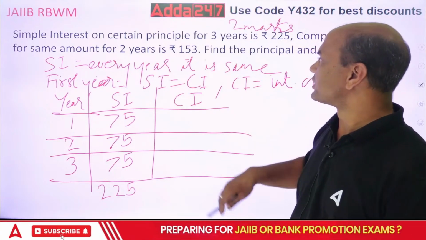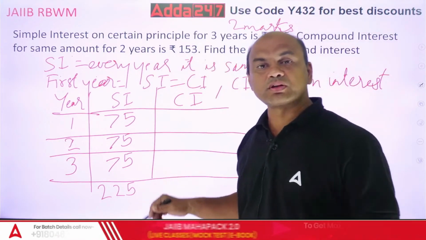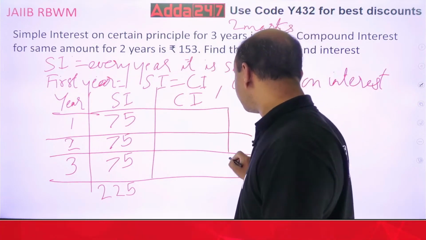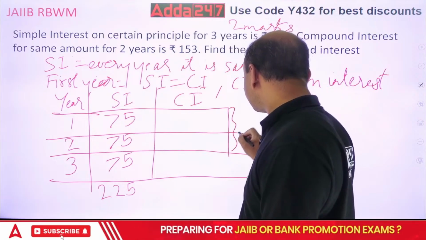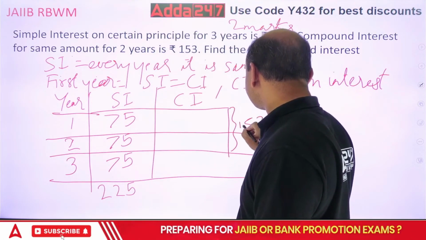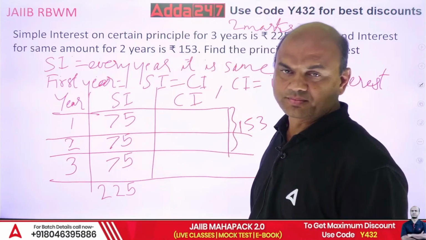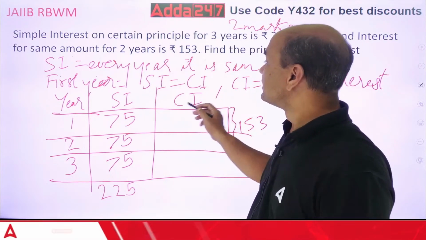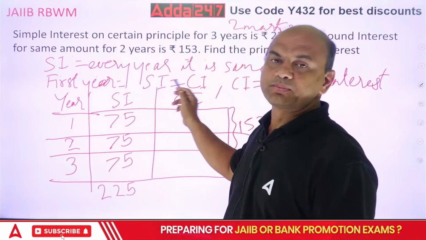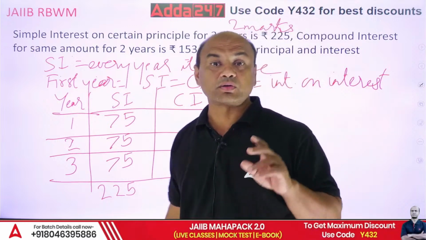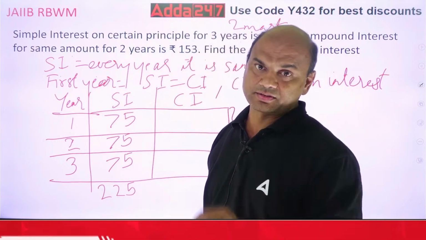Now compound interest, what is given? Compound interest for 2 years is 153. So the total of this is 153. But what did I say? For the first year, simple interest will be equal to compound interest. So simple interest and compound interest are always the same for the first year.